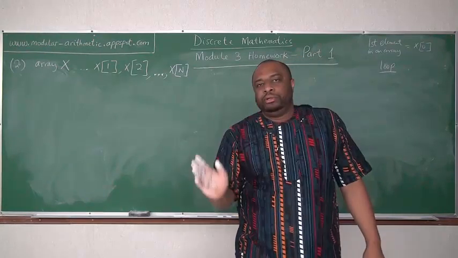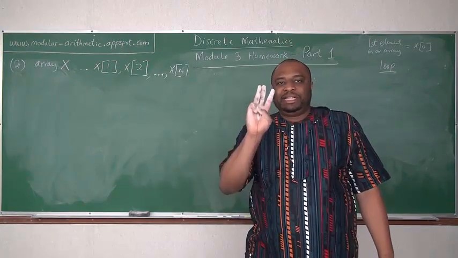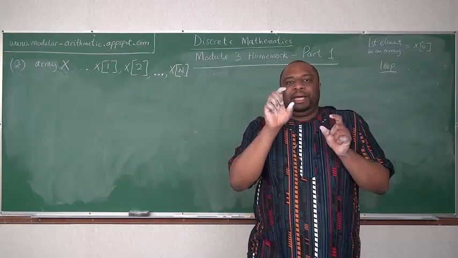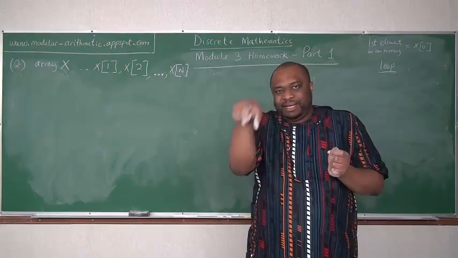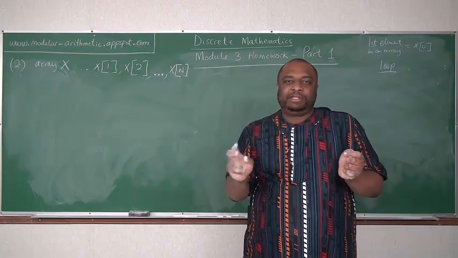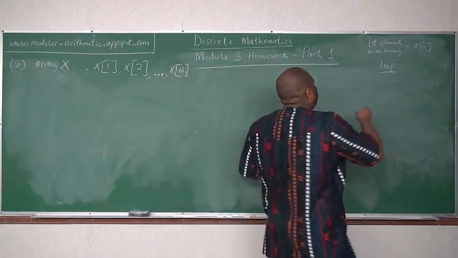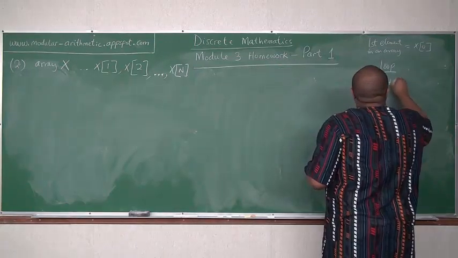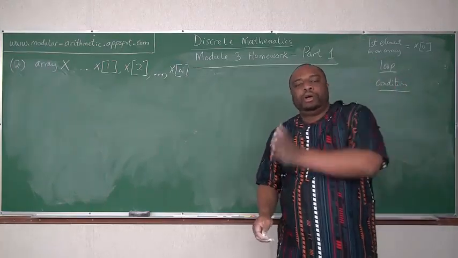Then go to the element in the second index, which is the third element. Is the second element greater than the third element? If it is greater than that, so you see there's a condition. So we have a loop and then we have a condition. So loop through the array, go to the next element.